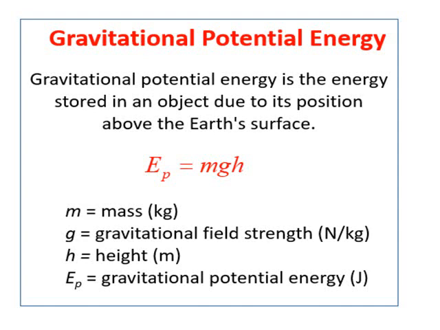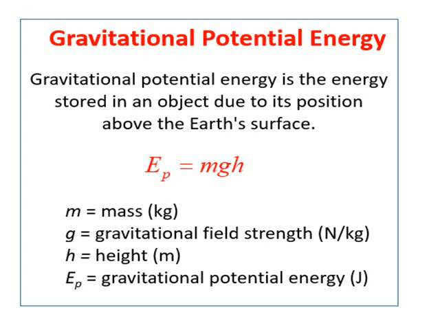Now we will see about the gravitational potential energy. Gravitational potential energy is the energy stored in an object due to its position above the Earth's surface. So the examples which we had already discussed: the water stored in the overhead tank has potential energy due to its position.